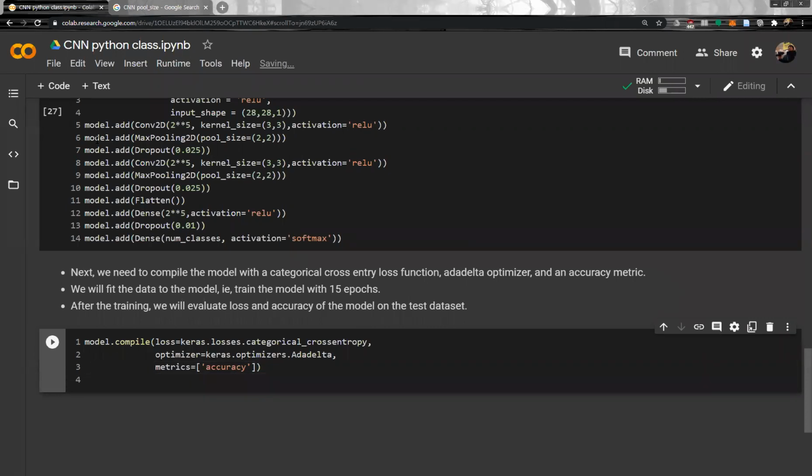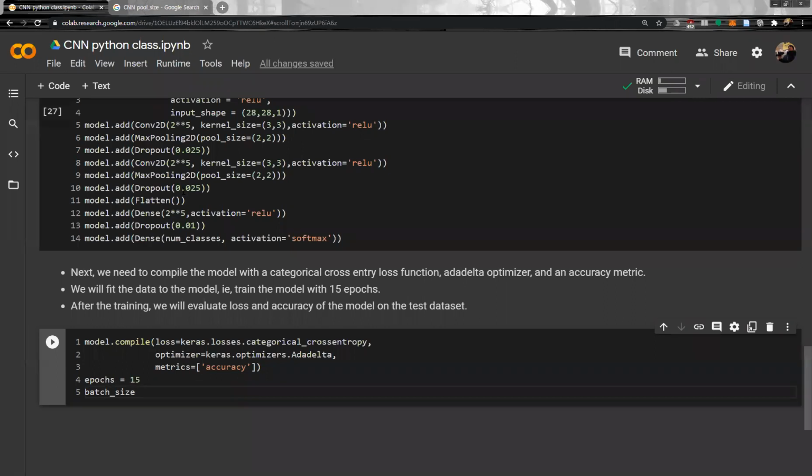Okay, and then epochs. How many epochs? We'll say 15 times, only 15 times of training. And then batch size.